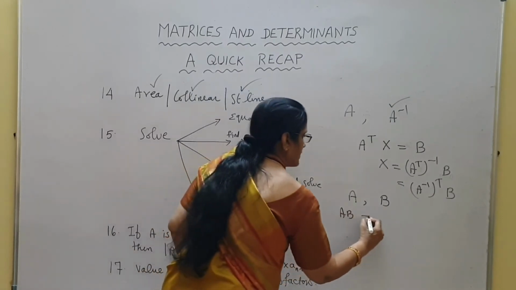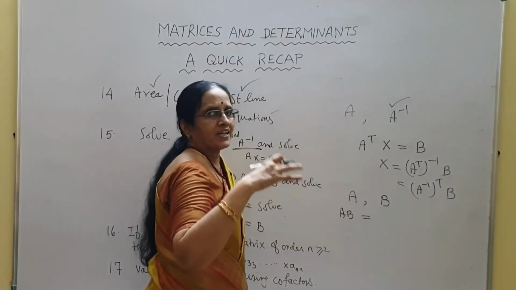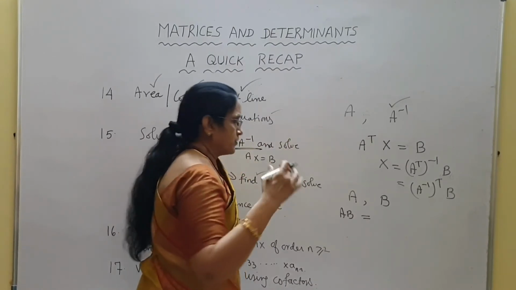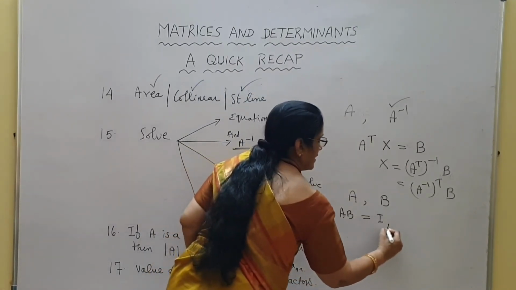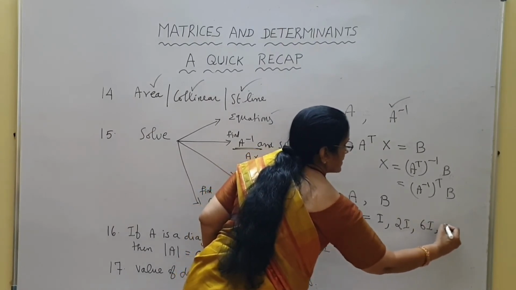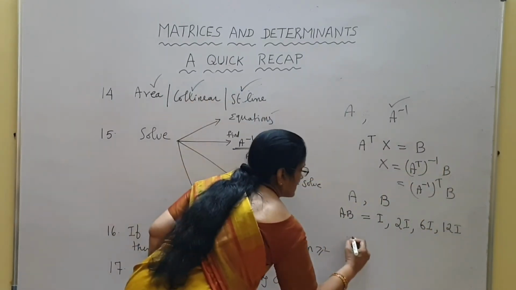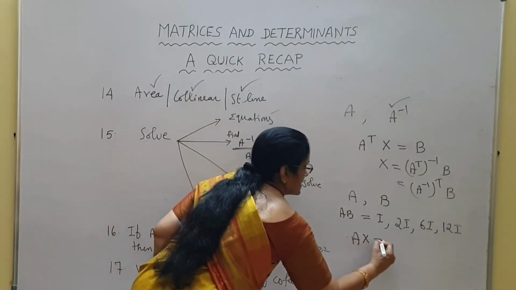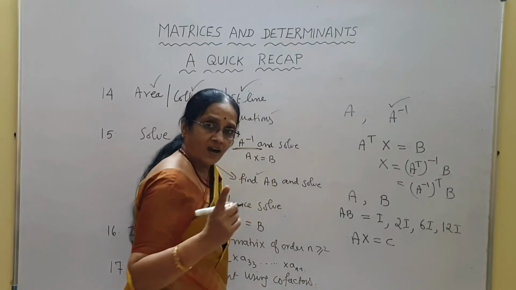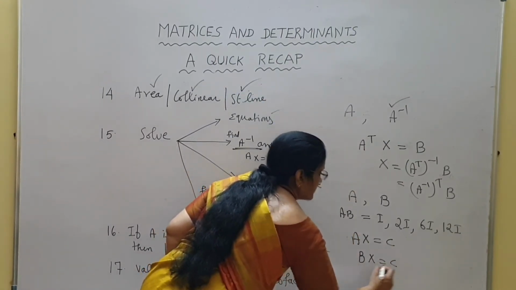Whenever you find out the product AB, it will be a number multiplied by the identity matrix. You may get I, or you may get 2I, or you may get 6I, or you may get 12I or 8I, like that. You will be getting either AX equal to C, or you may get BX equal to C.